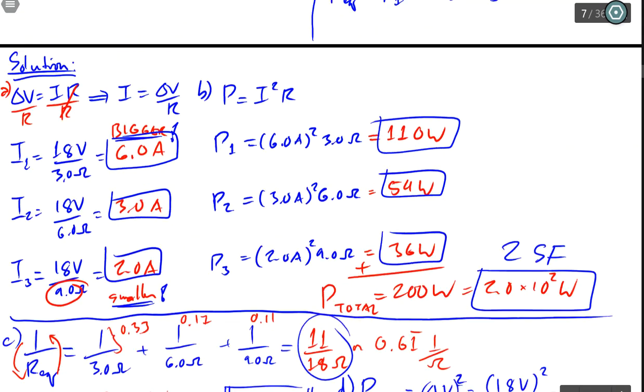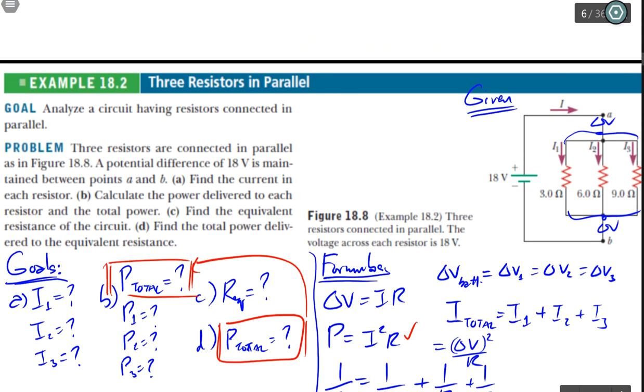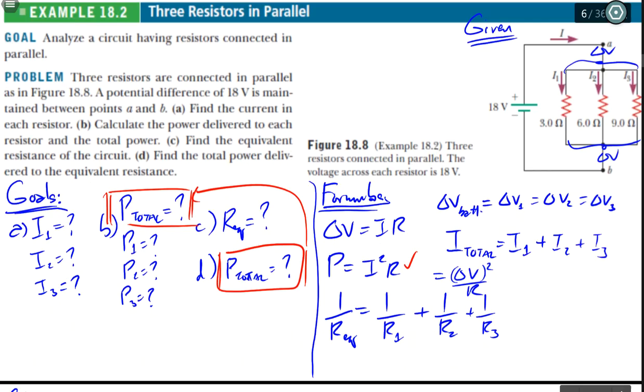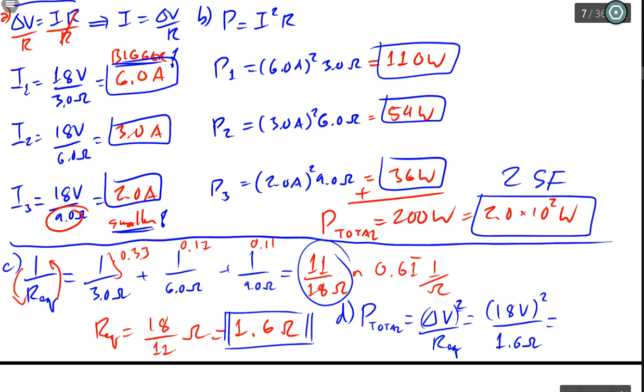Now take note, when you're adding resistors in parallel, they end up with a resistance way less than adding them together straightforwardly. So take note that 1.6 is definitely way less than 3, much less than 6, much less than 9.